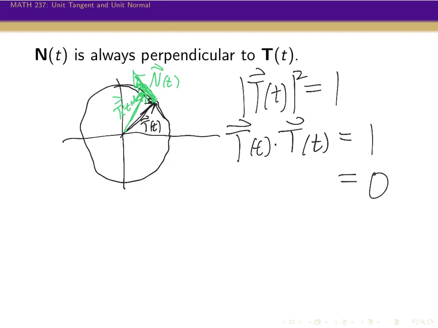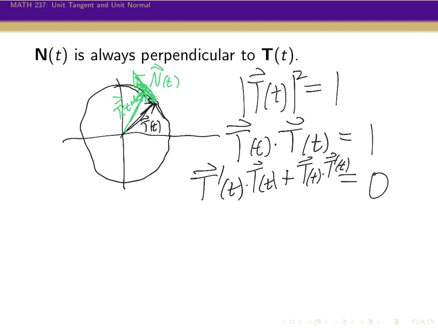On the left-hand side, I'm taking the derivative of a dot product. And so remember, when you're taking the derivative of the dot product, you've got to use the product rule. And so this is going to be T prime of t dotted with T of t plus T of t dotted with T prime.